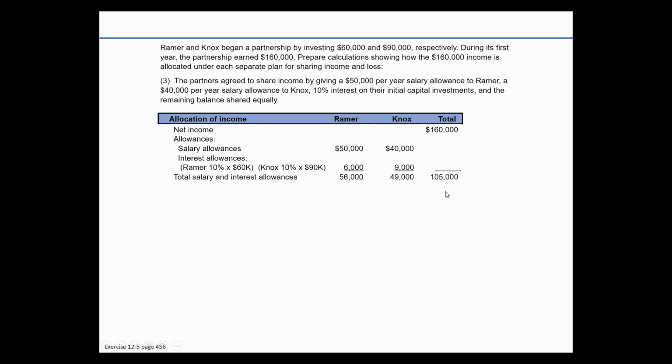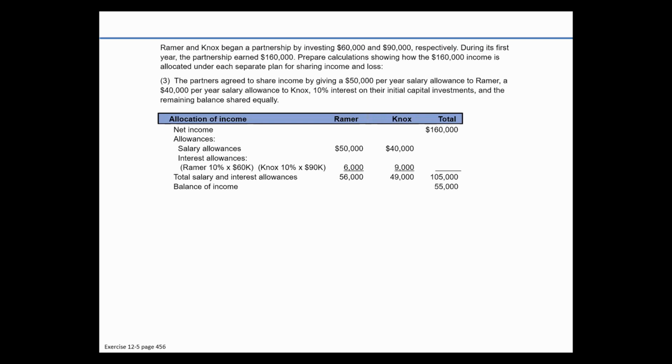So that means right now that we've already allocated 105,000. Then we said that the balance of the income would be shared equally amongst the partners.